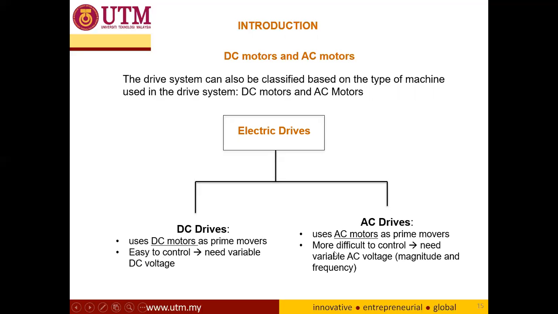But for the AC motor, it is quite difficult, because to control the speed you need a variable AC voltage, meaning a variable magnitude and at the same time a variable frequency. In a typical system the motor is directly supplied from the TNB, which is 50 Hertz, so it is very difficult for us to vary the frequency. The magnitude we can adjust by using a variac and so on, but the frequency is quite difficult.